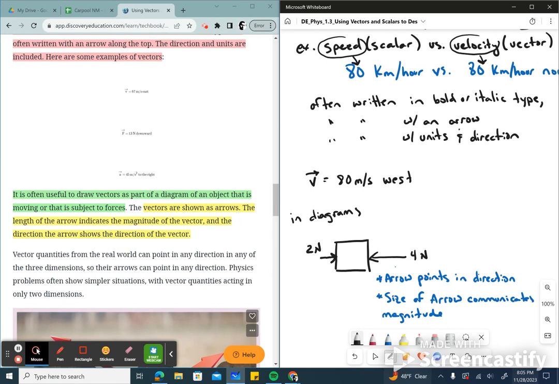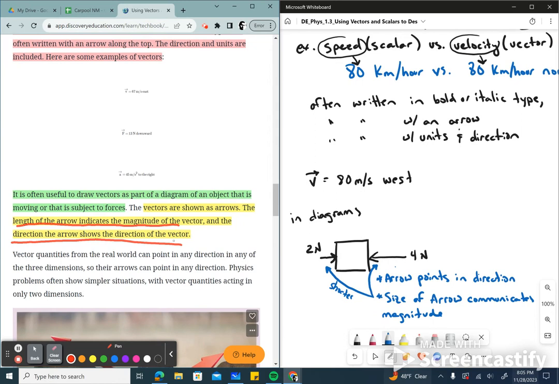Notice how one arrow is short, one arrow is longer. So this is just making sure you understand what they're talking about here, okay? The length of the arrow indicates the magnitude, and the direction of the arrow shows the direction of the vector, okay?